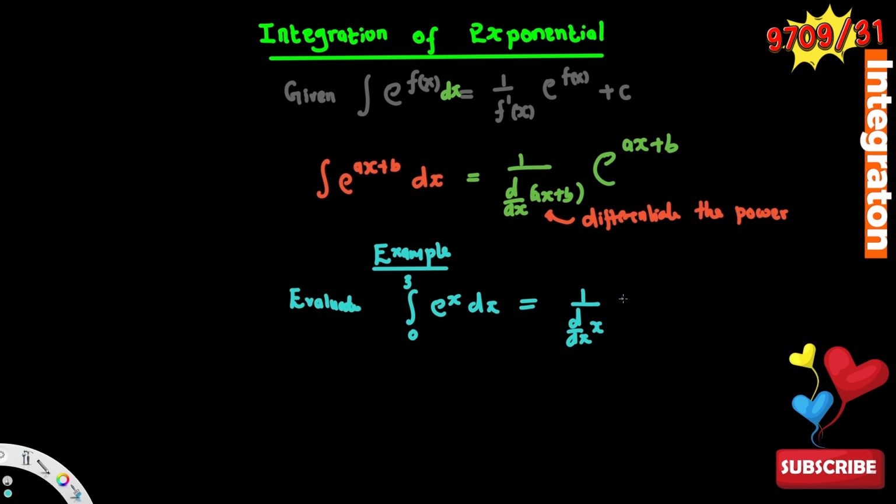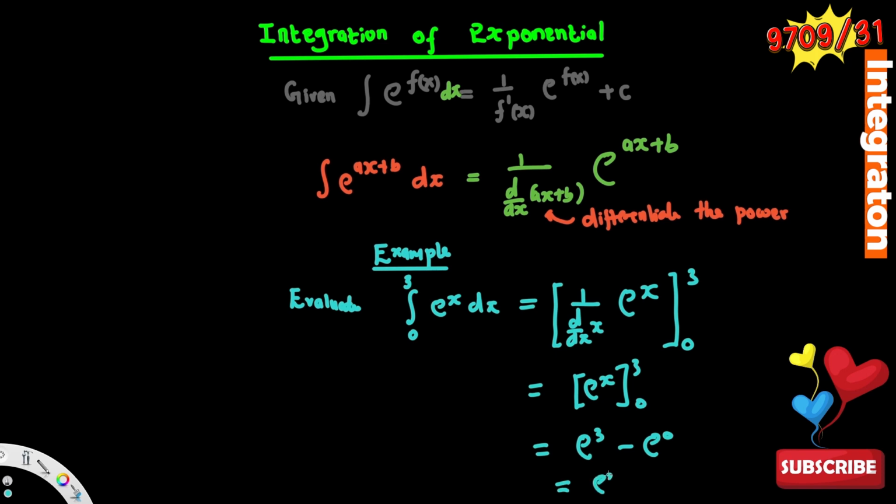That's why integrating e to x is going to be e to x. Now we can substitute the limits into the function inside the bracket, and that's going to be e to the power of 3 minus e to the power of 0. And that's going to be e to the power of 3 minus 1 as the final answer.